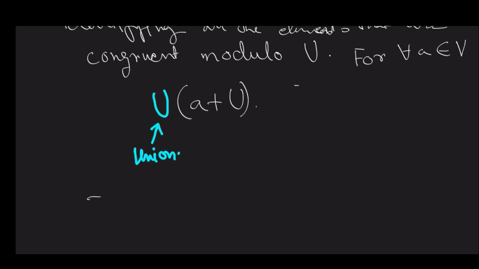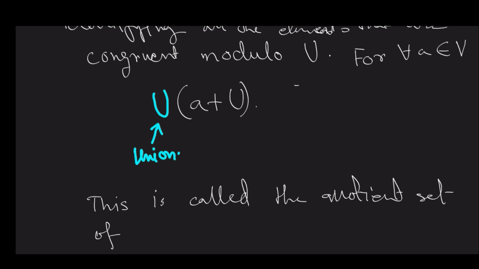So this is called the quotient set of V modulo U, or some people call it V factor U, or sometimes this is called the quotient set, quotient space.